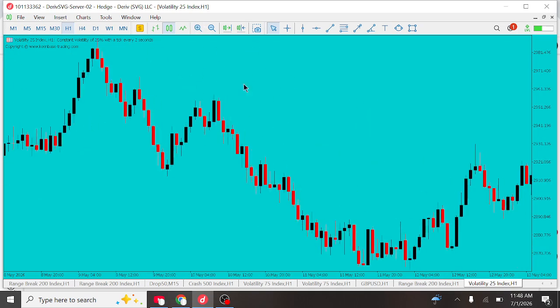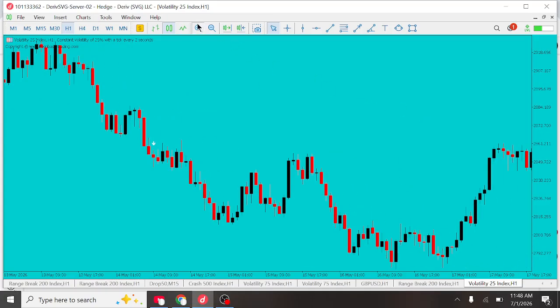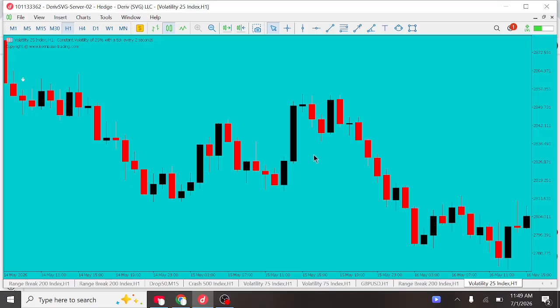I want it visible. That's why I am increasing the length of the chart, or I'm zooming. Okay, so good. So now when this signal happens, all right, we are not going to go in, right? We are going to wait for a correction. That means price should push to the upside. Look at what we have here. Look at what we have here.